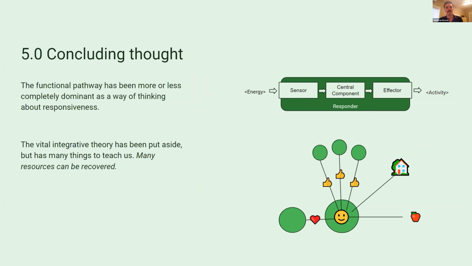So in conclusion, it's clear that this functional pathway theory has been more or less completely dominant in the cognitive sciences and in the life sciences, unless there's something I'm not thinking of. And on the other hand, this vital integrative theory has kind of been put aside. It fell out of favor in the mid-20th century. It had a little bit of a heyday before then.